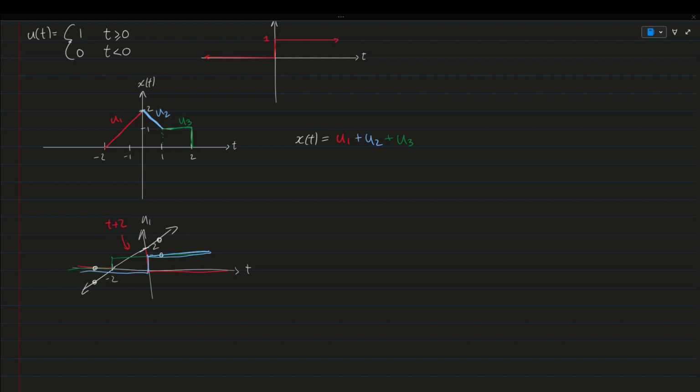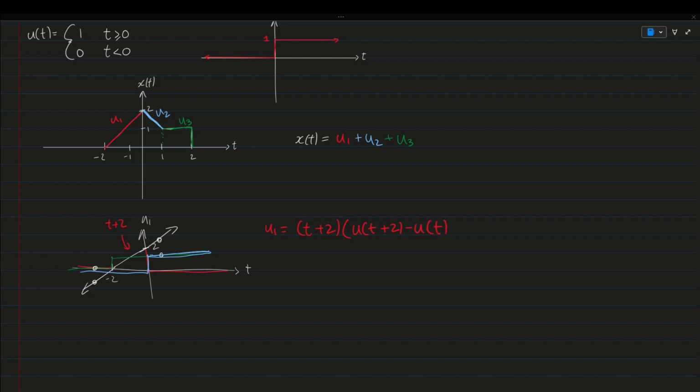Okay, what this is going to result in is u1 is equal to the function t plus 2, so that's the shape of the linear function, and then times u of t plus 2. Okay, so now we have from negative 2 to infinity, but we want to stop at 0, so we're just going to do minus u of t.